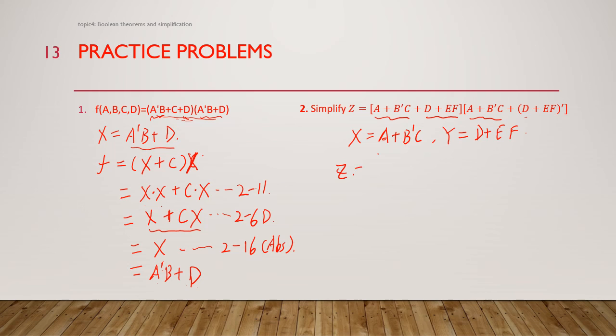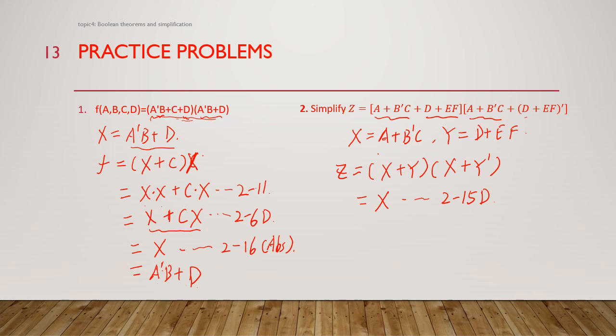So Z equals X or Y, and X or Y prime. So what is this? This is actually the uniting theorem, and the result is equal to X. You can check the expression 2-15D.